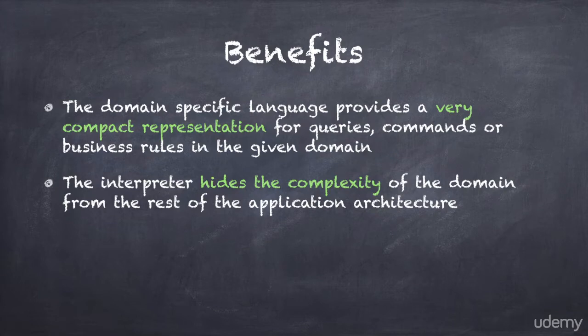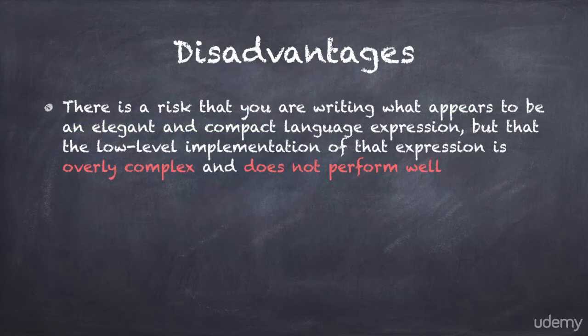The interpreter pattern also has a disadvantage. The interpreter masks the complexity of the problem domain from the rest of the application architecture. Clients only need to express queries, commands, or rules in a high-level language, and they are completely shielded from the complexity of executing this language.